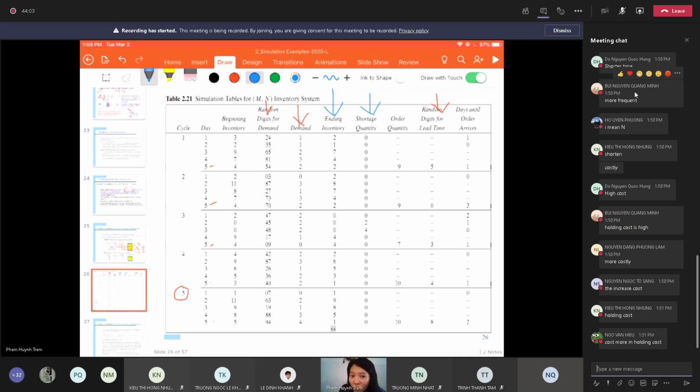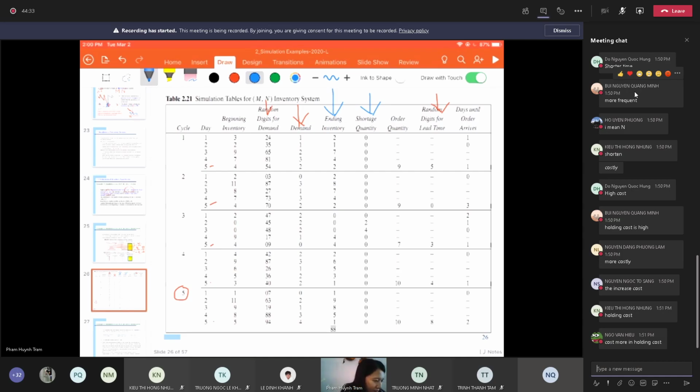Because we keep inventory too high and we are still safe, so we will try to reduce that. And let's say if our inventory is low and we see shortage occurs, then we may adjust the M in the end again. Again, we don't know what is a good one, so we have to test. We have to try. That's the disadvantage of simulation.